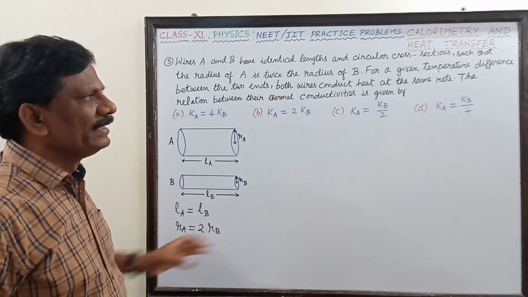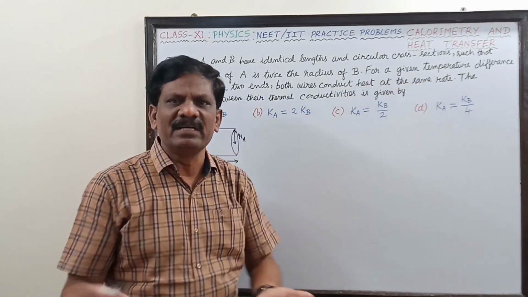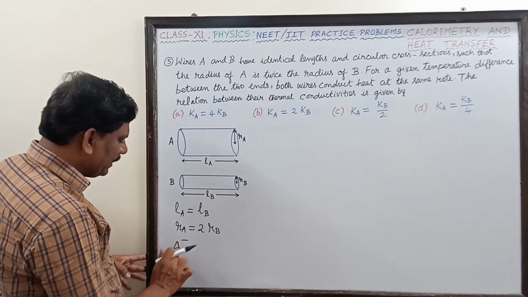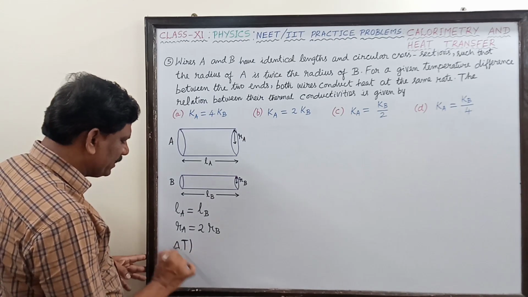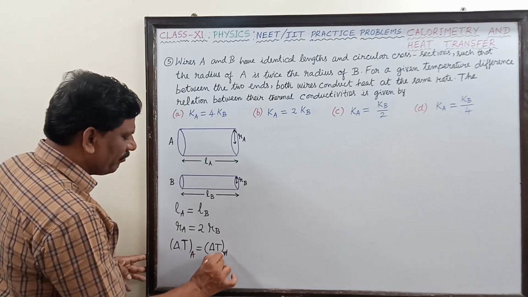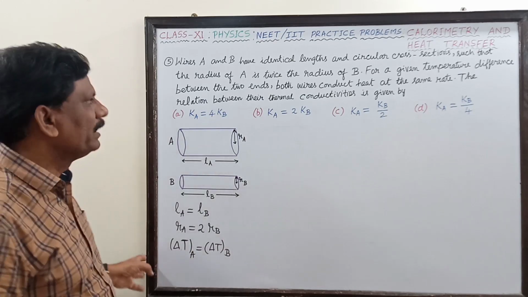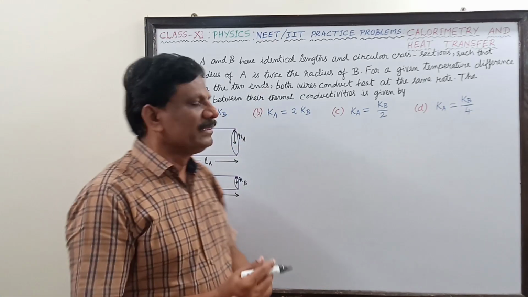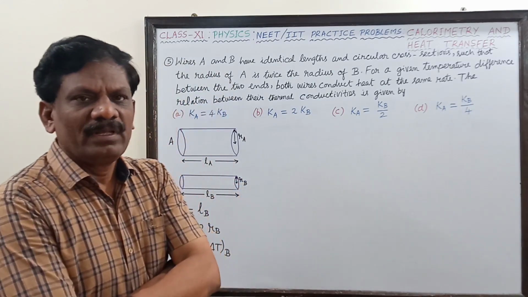Now for a given temperature difference, it is the same. So delta T for A is equal to delta T for wire B. Now what is the relationship between their thermal conductivities?